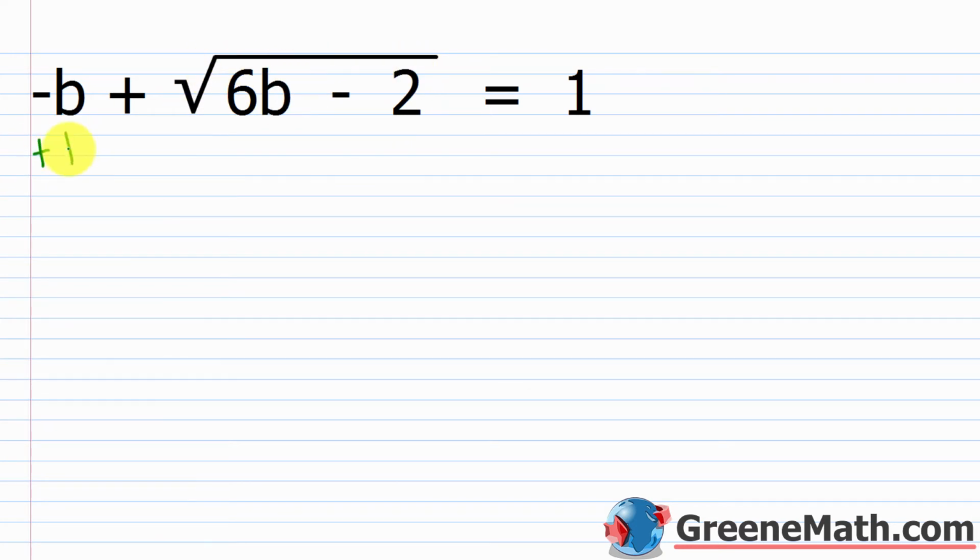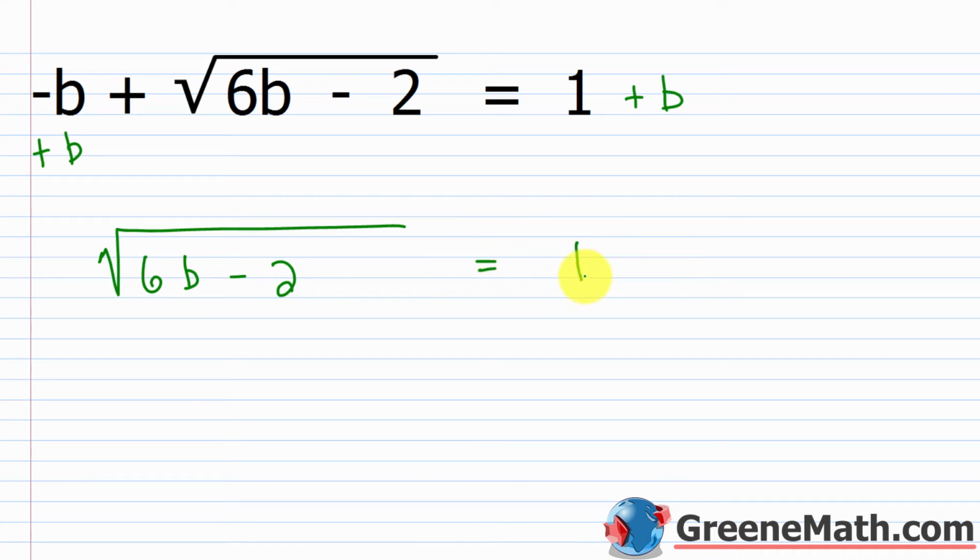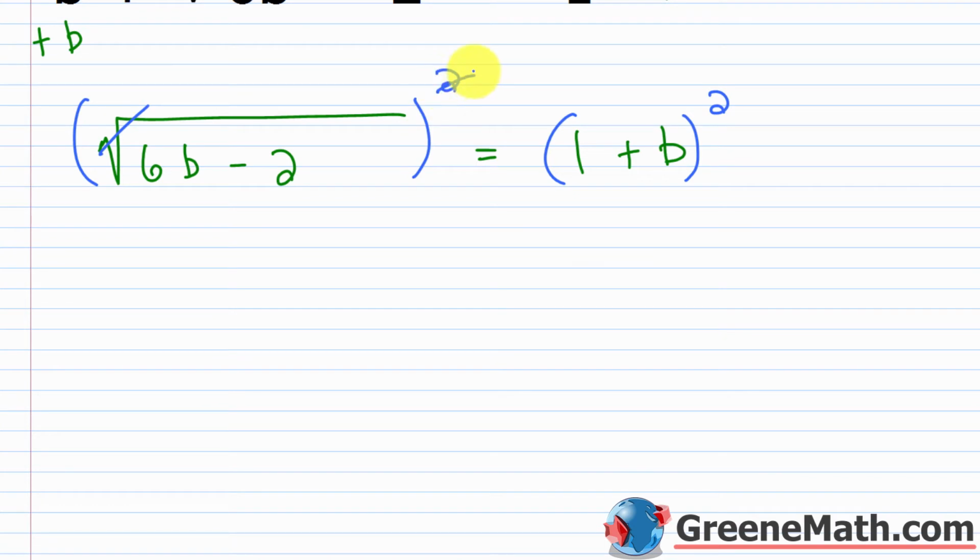So I'm just going to add b to both sides of the equation. And I'm going to end up with the square root of 6b minus 2 is equal to 1 plus b. Now, if I square both sides of the equation, I'm going to get rid of the radical. So this is going to cancel with this, and I'm going to have 6b minus 2. And remember, this has to be expanded. I can't do that common mistake where I just go, okay, this is 1 squared plus b squared.